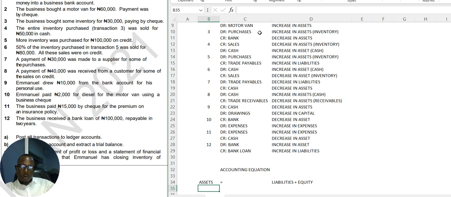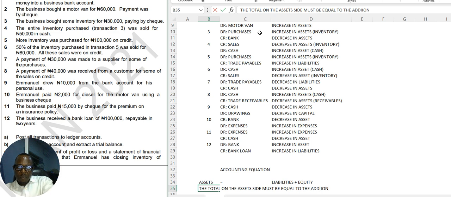The meaning is the total on the asset side must be equal to the addition of both the liabilities of the entity and the equity.